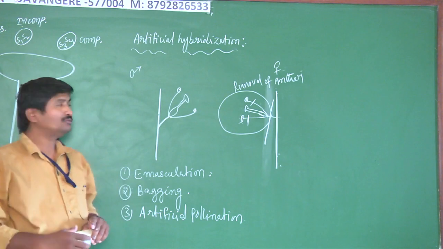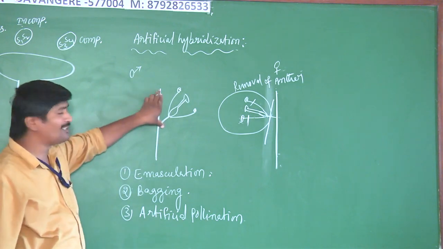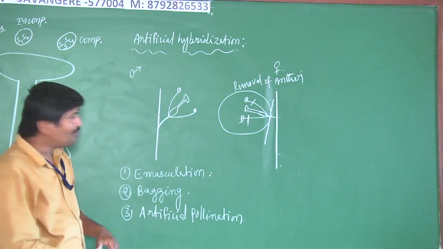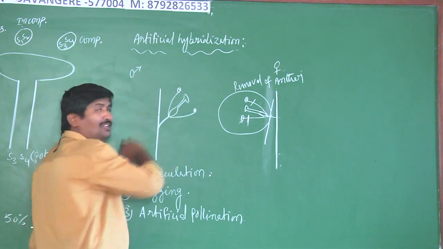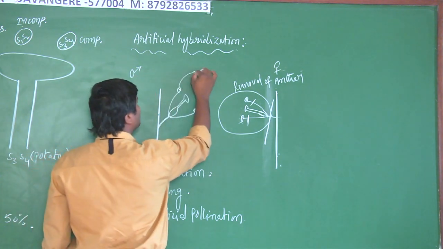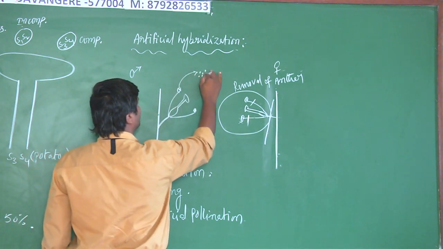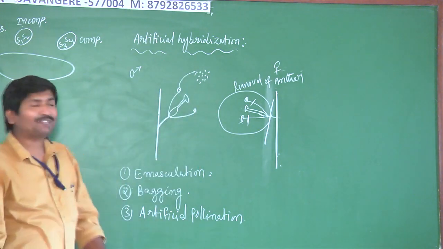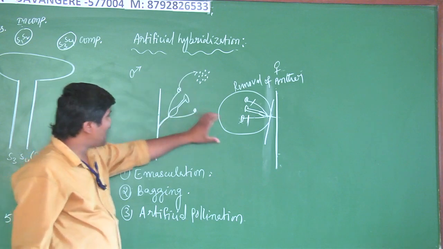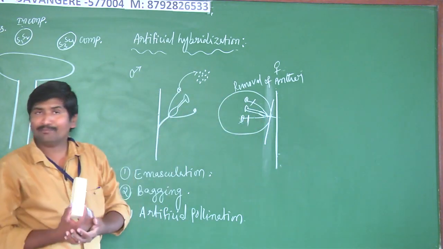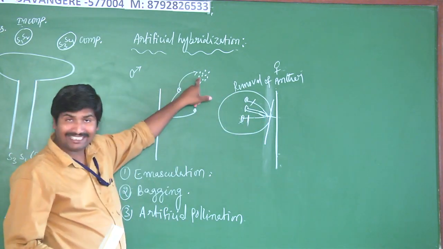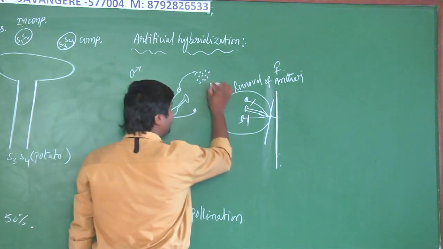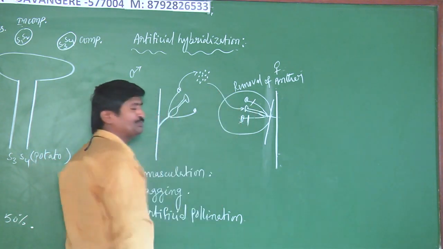Artificial pollination. Already we have selected the desirable male parent. First of all, from this male parent, we collect the pollen grains. After collecting these pollen grains and removing the polythene bag, this pollen dust is placed on the stigmatic lobe.